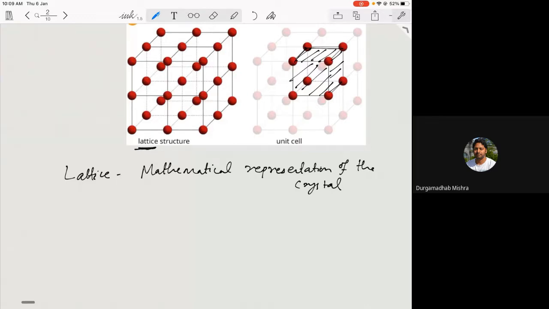There are particular ways they can be arranged. For example, here what you see is a cubic ordering. All the points can be represented by a cube, so it has a symmetry which is cubic in nature.